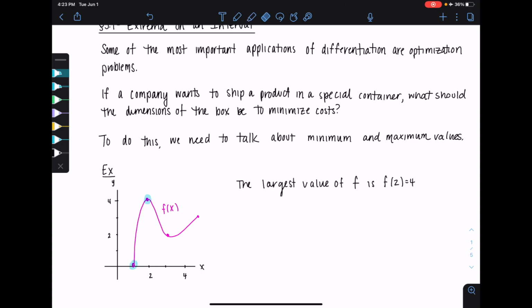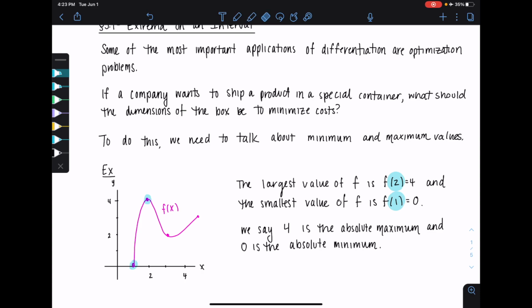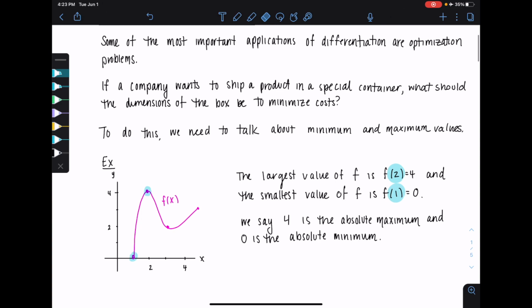So the largest value of f is going to be 4, and that occurs when x equals 2. The smallest value is 0, and it occurs when x equals 1. So we say 4 is the absolute maximum of this function, and 0 is the absolute minimum, because I never get higher than 4, I never get lower than 0.